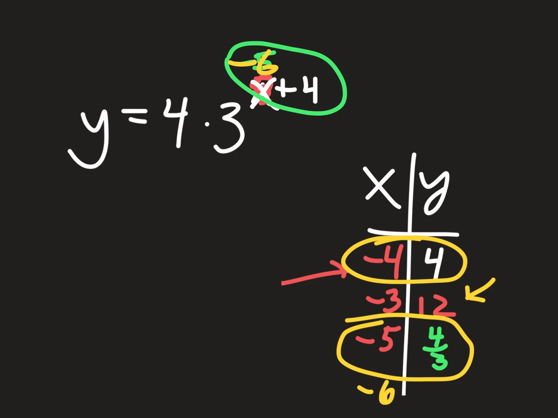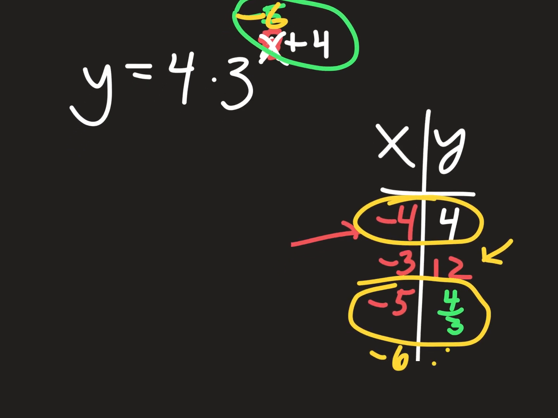Okay, that's going to work out to be a really small decimal, so it should work. Putting in 3 to the power of -2, I get 0.1111, and I times it by 4. I get 0.44444. And that's a point I could graph. Because remember, you got a calculator.